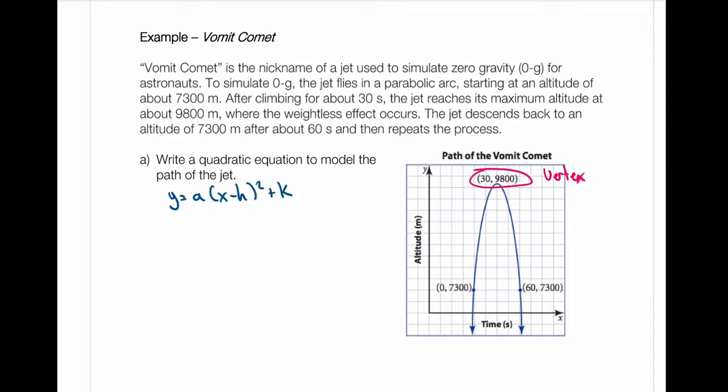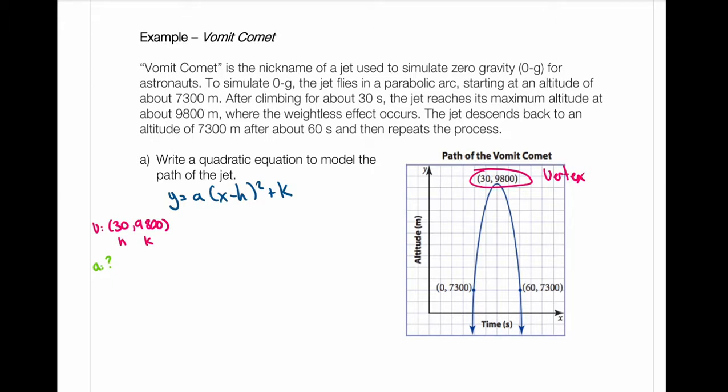I don't know when it's going to cross or have a height of 0, so I don't know the x-intercepts. Standard form is very difficult to get from a graph alone, so in this case I'm going to stick with vertex form. Because I know my vertex is (30, 9800), I know my h and my k, and the only thing I'm missing now is my a value.